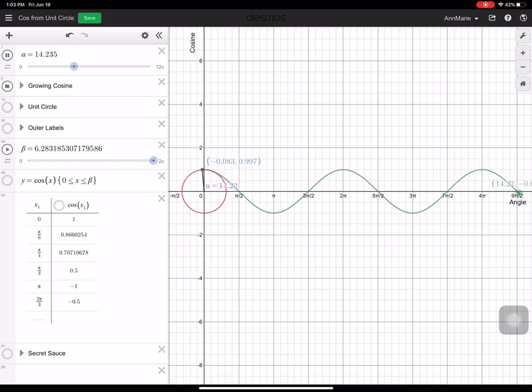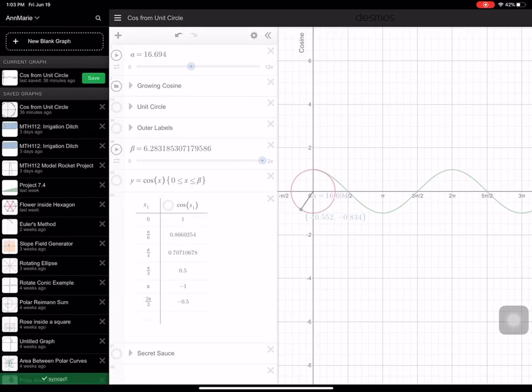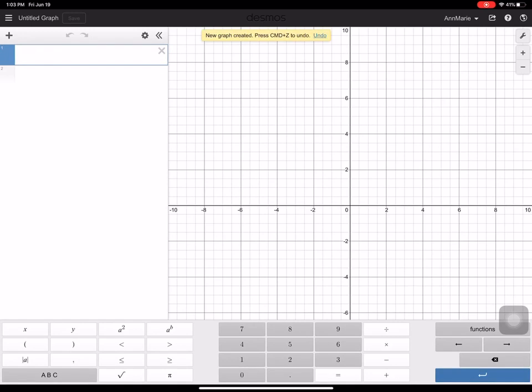We could do this same development with sine. I'm not going to, but I am going to show you the curves for both sine and cosine. And then in the next video, I'm going to talk about the properties of both cosine and sine. So I'm going to put on this graph the function y equals cosine x.